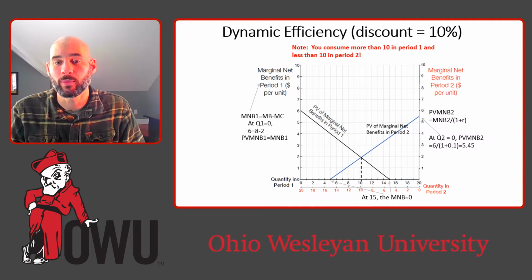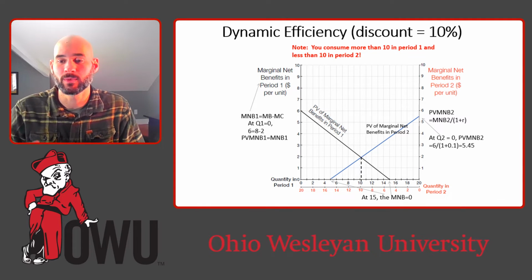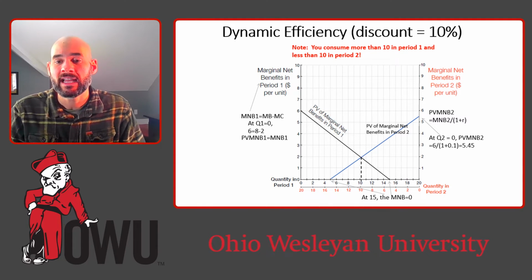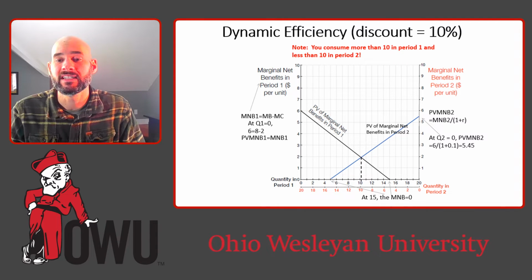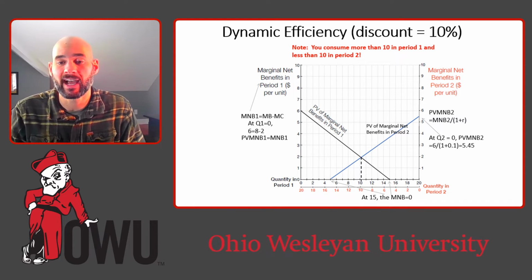And we would apply the same sort of transformation to the rest of the net marginal benefit curve equation, as we'll see in a slide or two from now. But once we plot that out on this graph, we can see where these two curves would cross, where the present value of the marginal net benefit in period 1 would equal the present value of the marginal net benefit in period 2, and what quantity we would extract in both time periods.